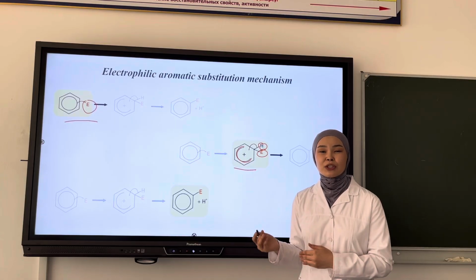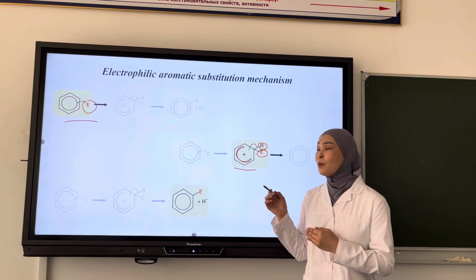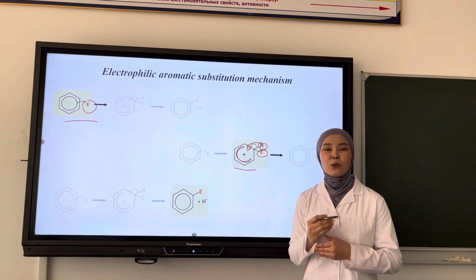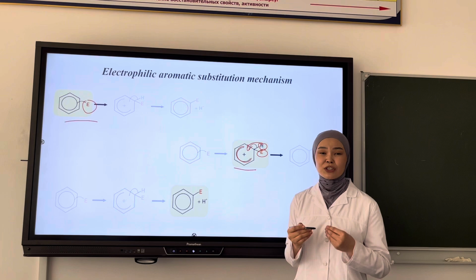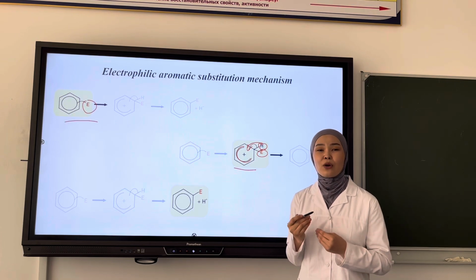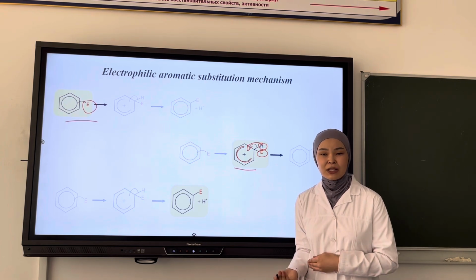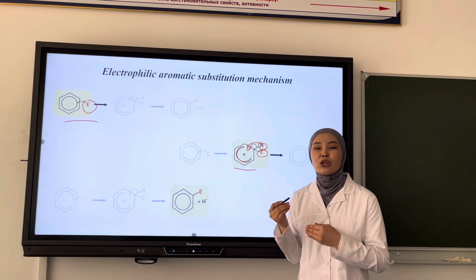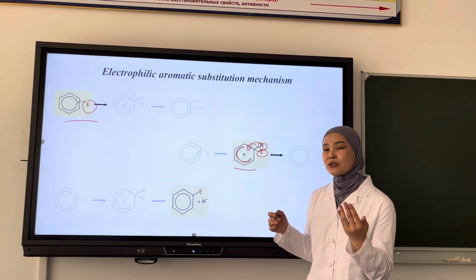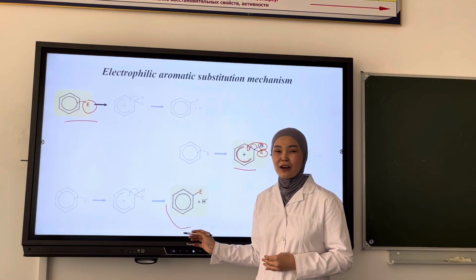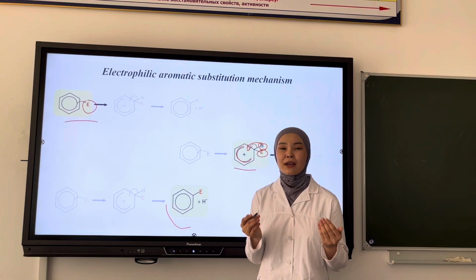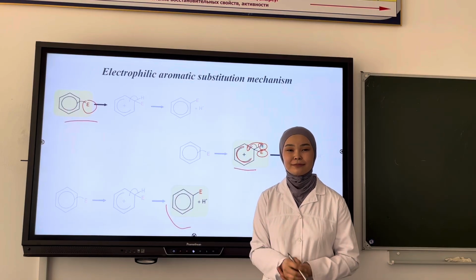The electrons from this bond go back into the ring, giving benzene with the electrophile attached. The overall effect of the reaction is a substitution, as a hydrogen is swapped for an electrophile. Let's take a look at some examples of this mechanism in action.